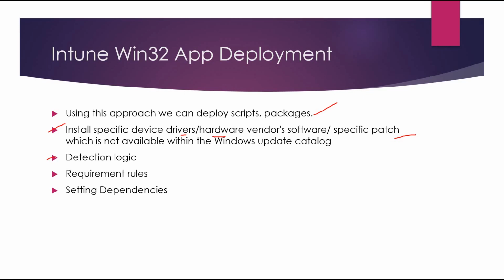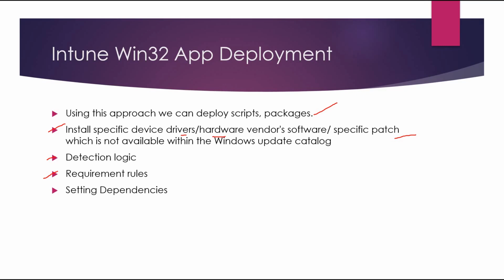Once Chrome is installed, the same detection logic is evaluated again to see whether, after the app installation, it now detects the presence of that application. This is something that we inherently don't have in any other app deployment method. If we are deploying any suite or any store app, we cannot specify a custom detection logic.